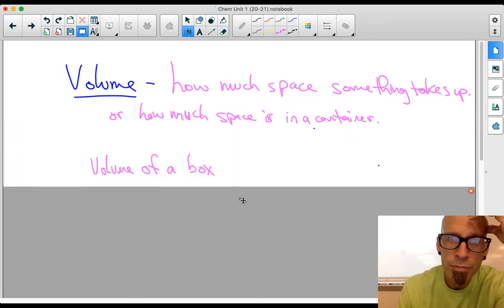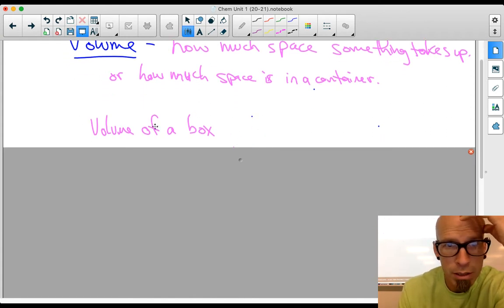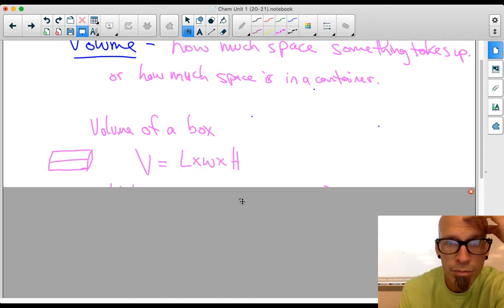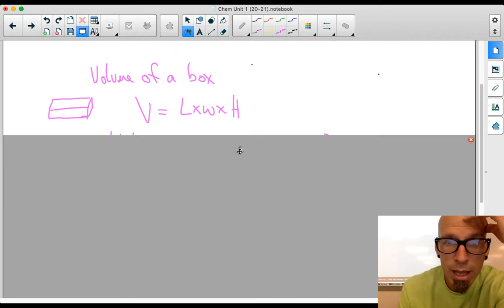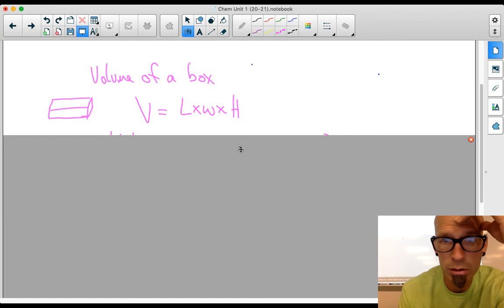And we'll be looking at measuring the volumes of some objects, like the volume of a box. How do you find the volume of a box? They told me length times width times height. I agree. So in class you're going to be measuring some dimensions of some containers, some boxes.